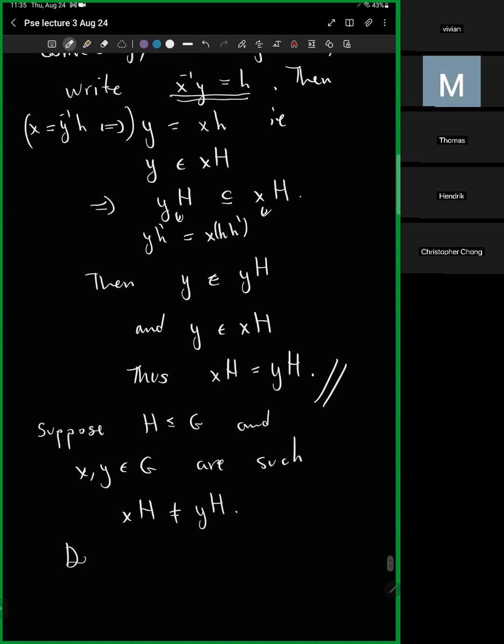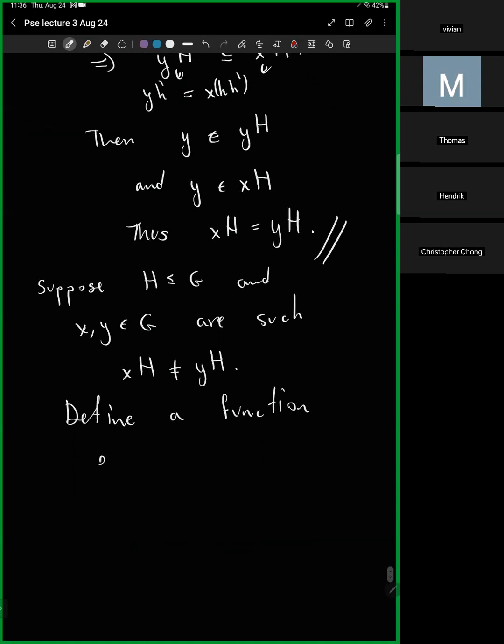Define a function, let's call it f, from xH to yH, where I need to tell you what it does on xH.